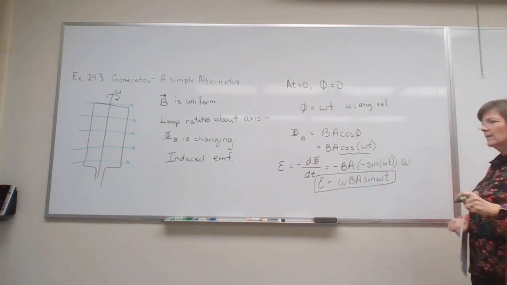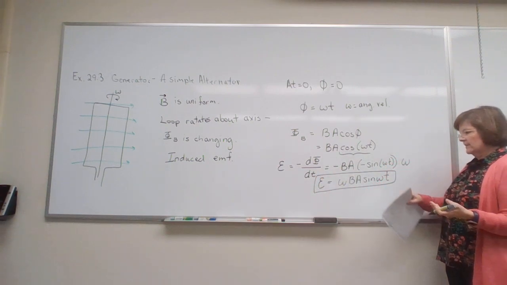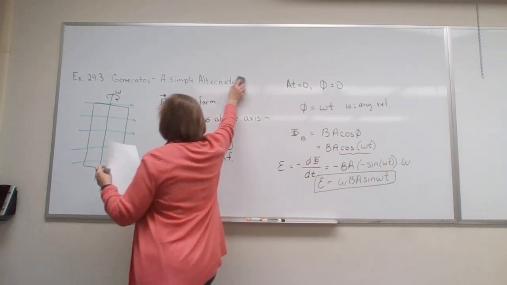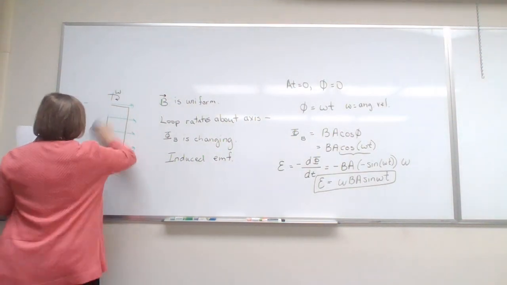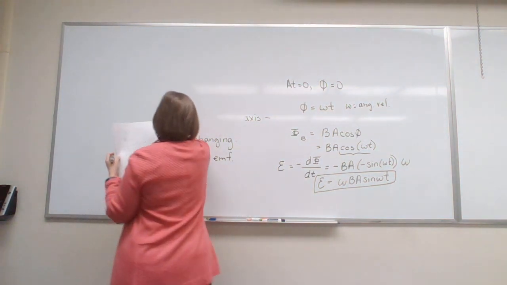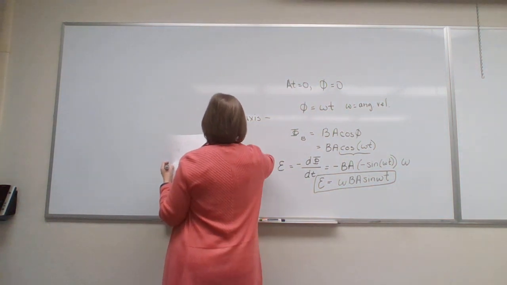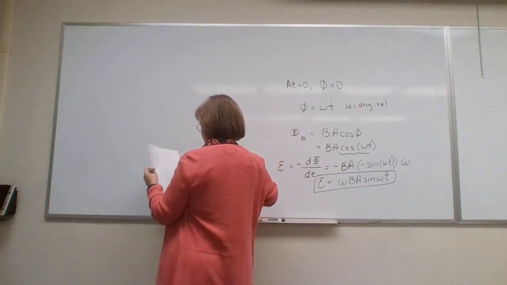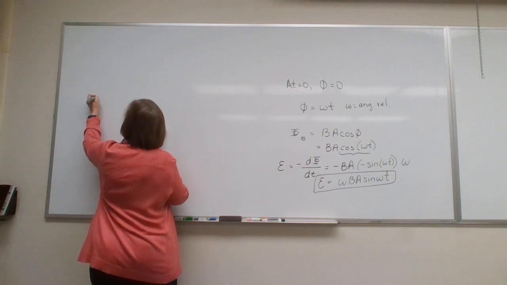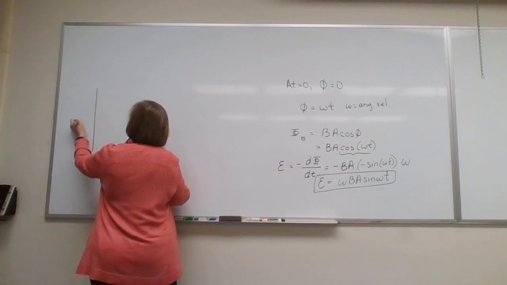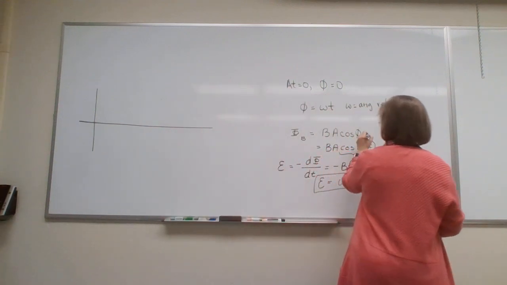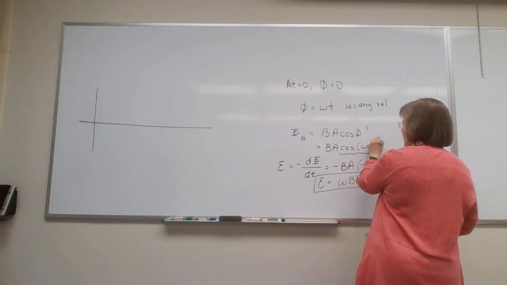That's not going to be a constant EMF because we've got this changing angle all the time. If we graphed that, it looks something like this. Let's say it's an alternator, so it produces an alternating current or an alternating EMF. This is the flux equation here.